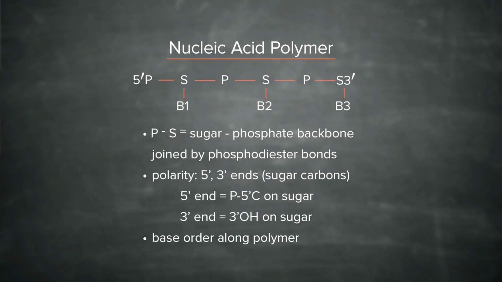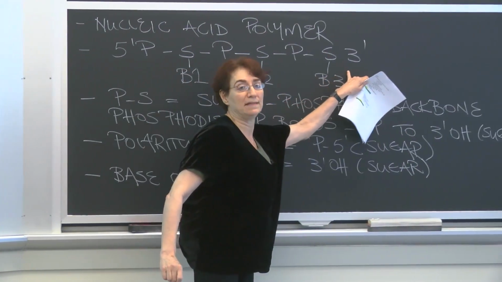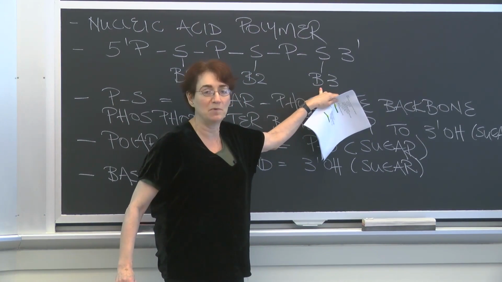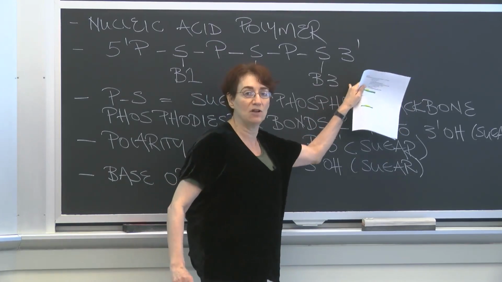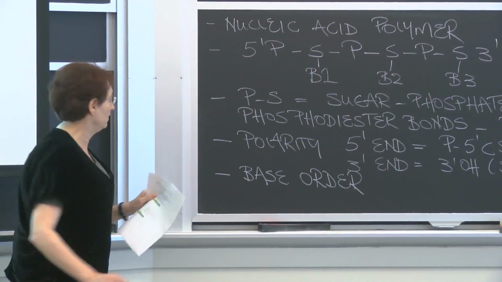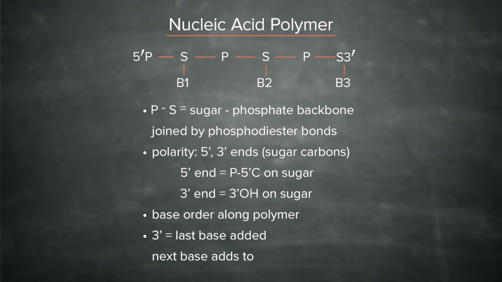And then the last thing that you should know is that a new base will add on to this 3' end. So this base 3 was the last one that was added to the polymer. And when a new one comes along to extend the polymer, it will add to that 3' end. So the 3' is the last base added, and the next base adds to the 3' hydroxyl group on the sugar.